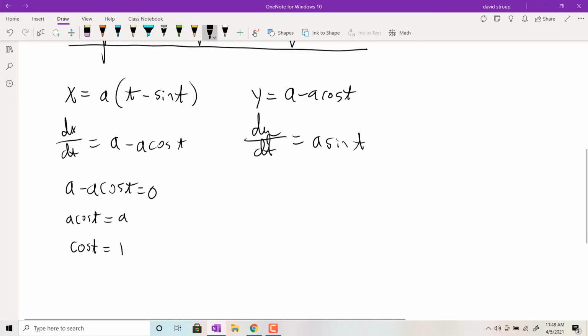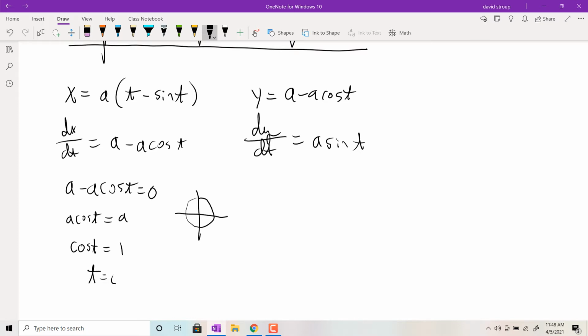In this case, thinking about the unit circle, cosine is positive 1 when t is equal to 0, plus any 2 pi rotation that would get you back to 0. So basically, it'll happen at even multiples of pi, always right here on the unit circle.